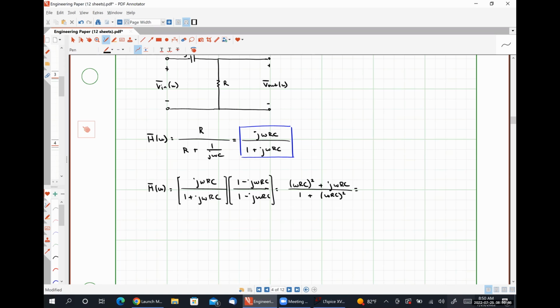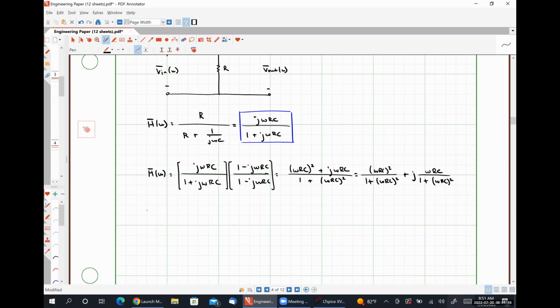And breaking this up, that looks like omega RC squared over 1 plus omega RC squared plus j omega RC over 1 plus omega RC squared. So I have my real and imaginary components.